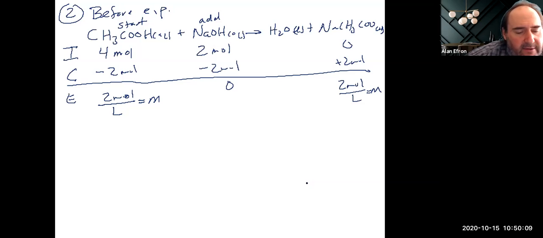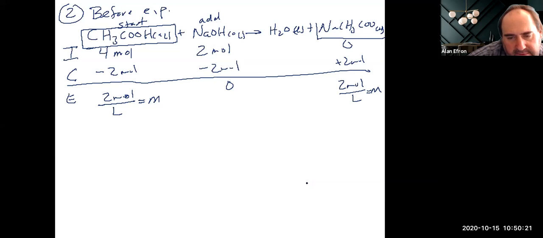And again here, if you're not sure what's going on, you should look at your ice table. What we have left here at this point at equilibrium is acetic acid, and we have sodium acetate left over. That is a weak acid and its conjugate base.